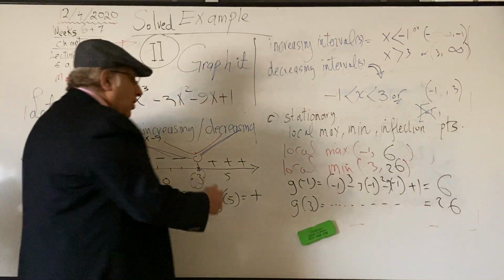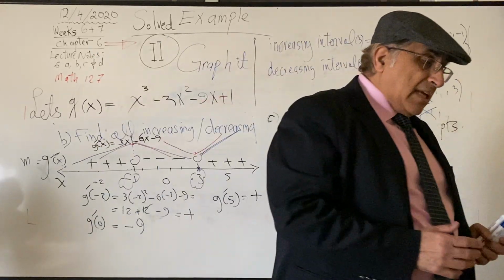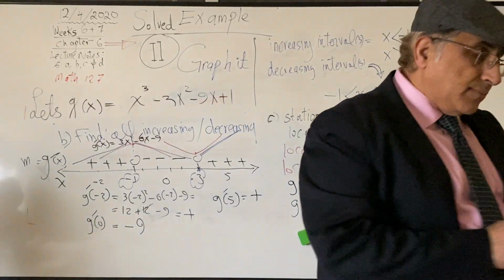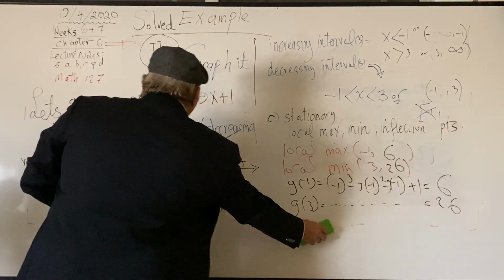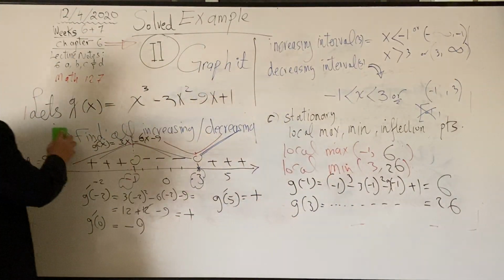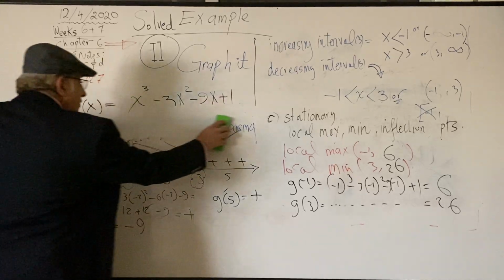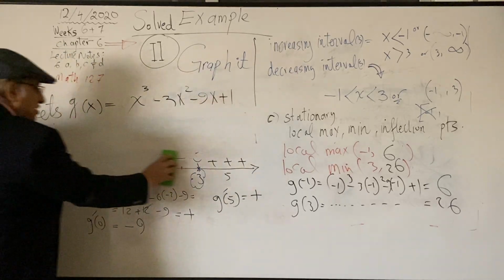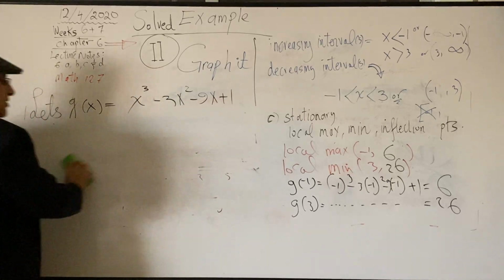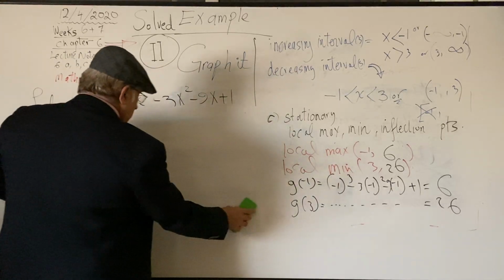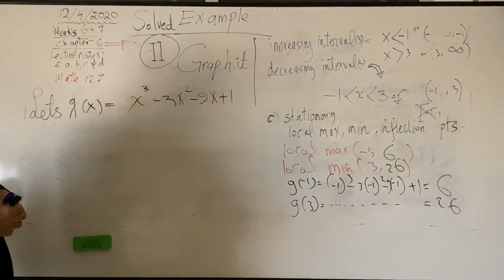Now, all this much has been done for what? For taking the third derivative. What happens if I want to go for finding inflection points? Which kind of inflection points? The inflection point that happens due to a change in concavity. So what is my question?